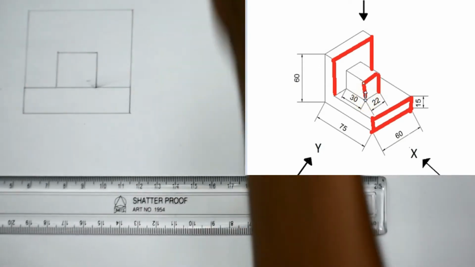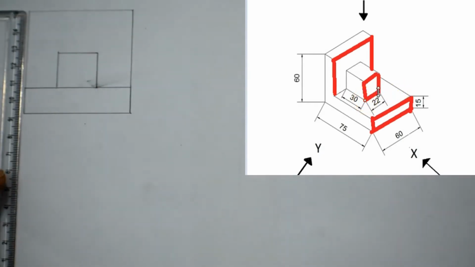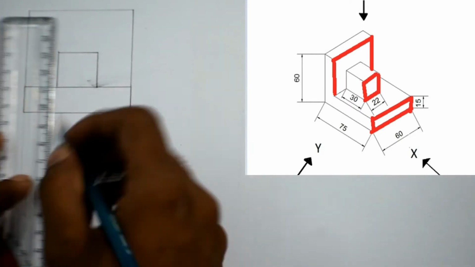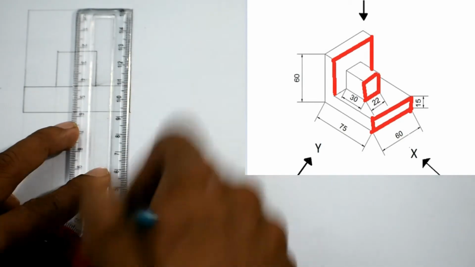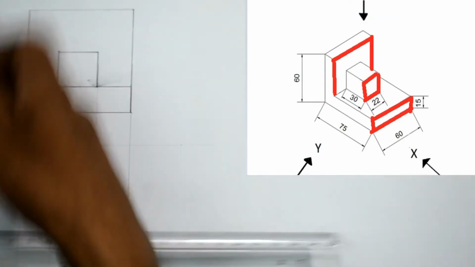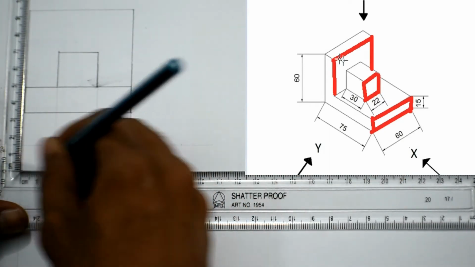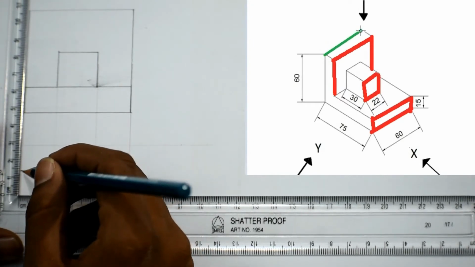Now I will start drawing the top view. First I will project the lines. Now the XY line, and first I will draw the rectangle which is visible in the top, which is again 15 mm.